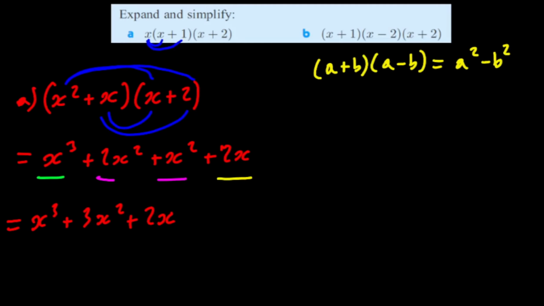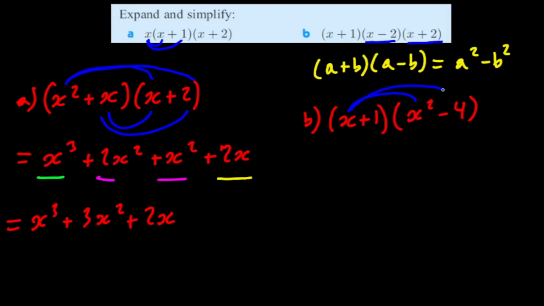So we have (x-2)(x+2). So (x+1)(x-2)(x+2) could be written as (x+1)(x²-4), where 4 is 2 squared. And then we have two brackets and you can expand easily.